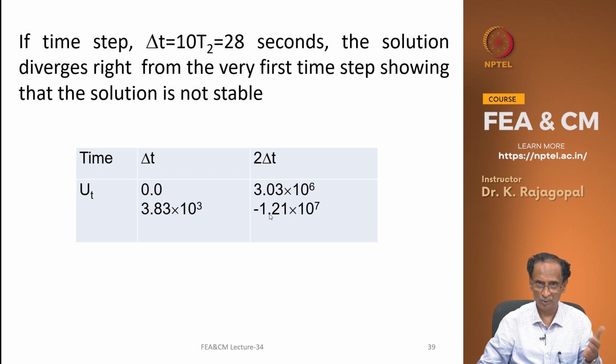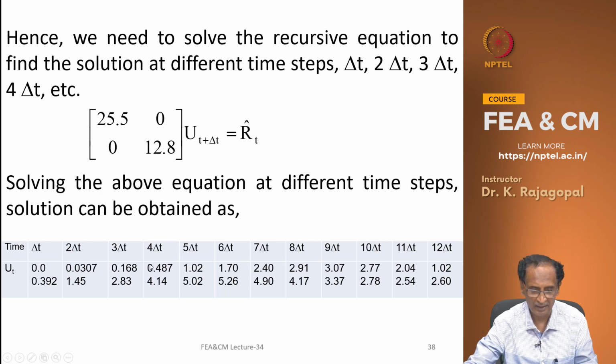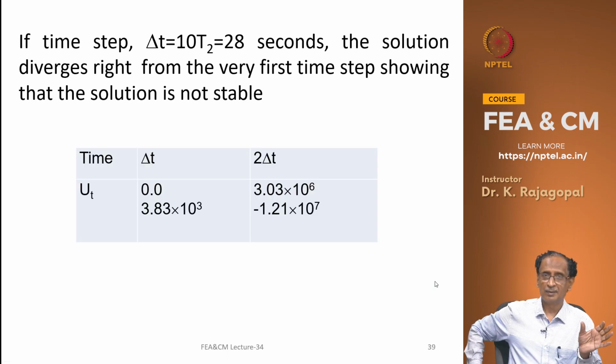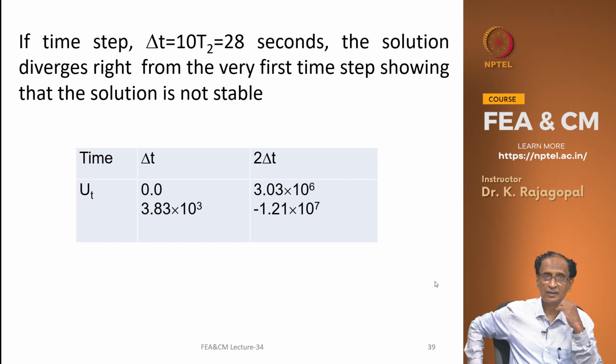Although it's a numerical value, it's an unreasonable one, because with a delta t of 0.28, even after 12 iterations, we get a reasonable displacement. With a larger time step, there is no convergence; the solution is diverging. So that's the disadvantage with the central difference scheme. Although it's a very simple scheme, the stability depends on the delta t.